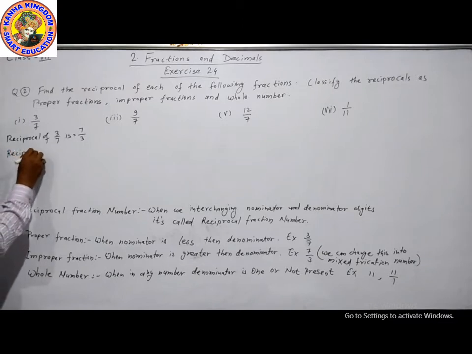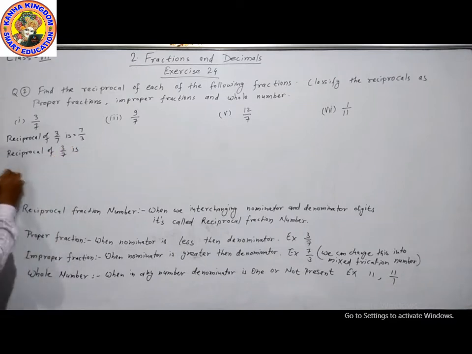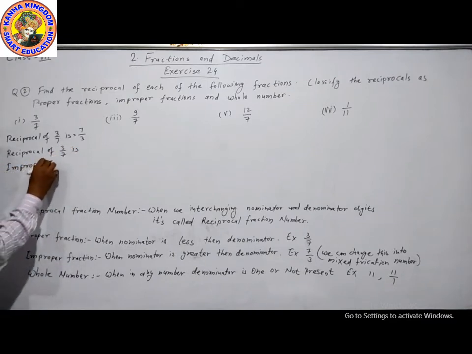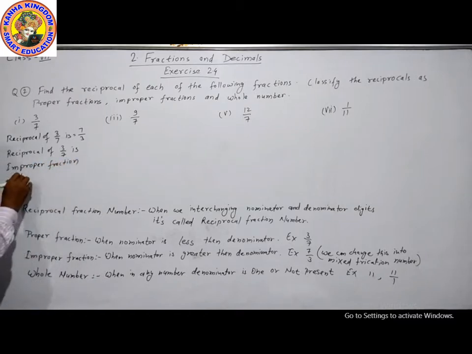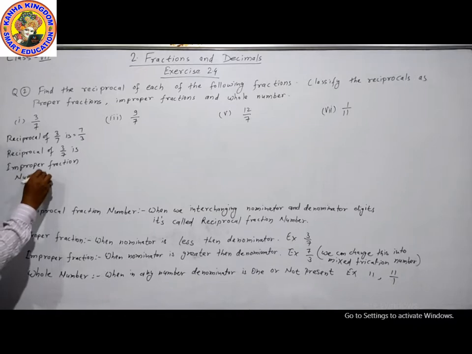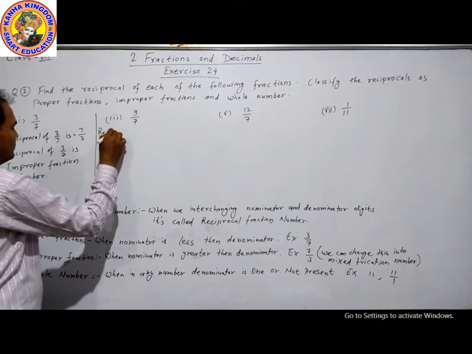Reciprocal of 3 by 7 is improper fraction number.